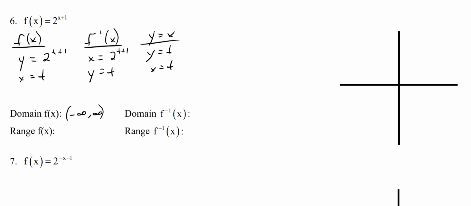But it's positive. So it means it's going to be from 0 to infinity. And then you just need to swap these two. So it's going to be 0 to infinity and negative infinity to positive infinity. Okay, so that's the range of that.